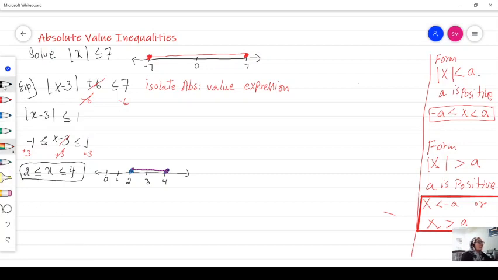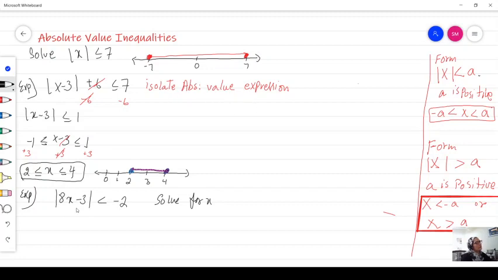Okay, let's go for another example. I have solve for x, absolute value of 8x minus 3 less than negative 2. Okay, and they said solve for x. If you pay attention here, this is an absolute value inequality, and the first thing we have to do is isolate the absolute value expression.